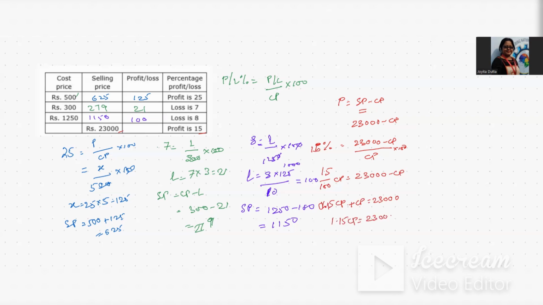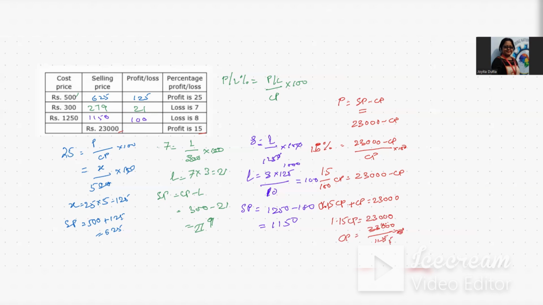Now what is CP? 23000 divided by 115. Right? So if I divide it, 23, 115, what will I get? I will get this as 1000 and this as 5. So 5, this will be 200. So what did I find 200 as? Sorry, 20,000 is my cost price.